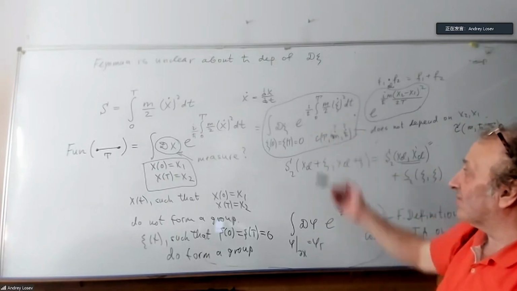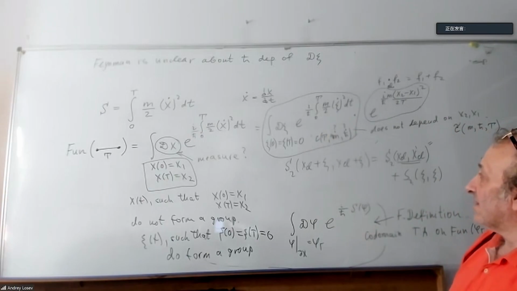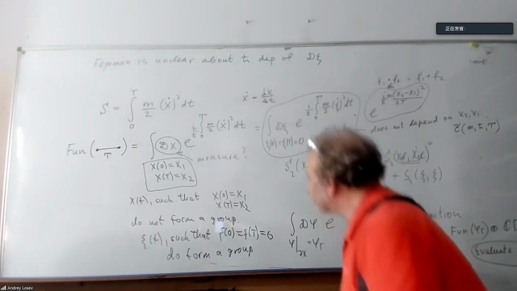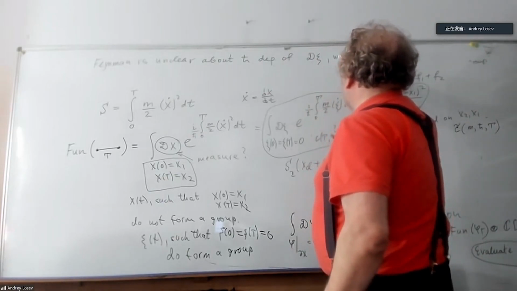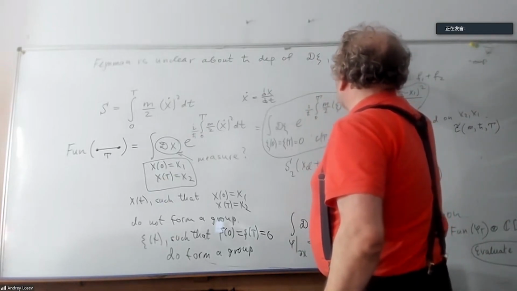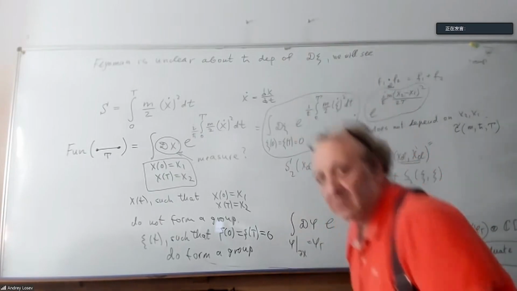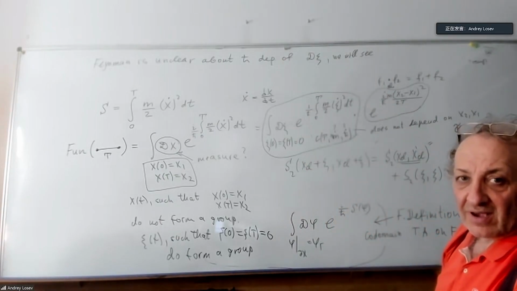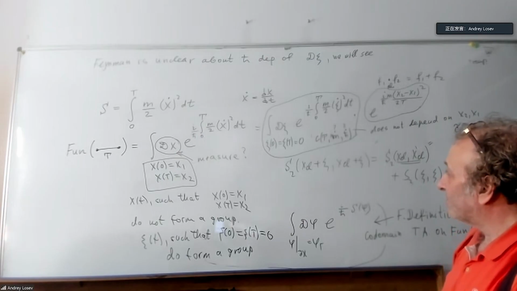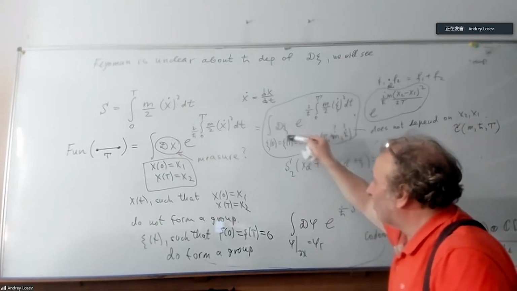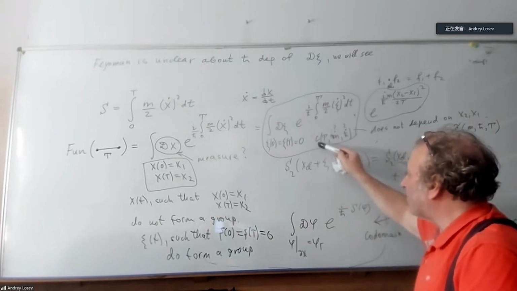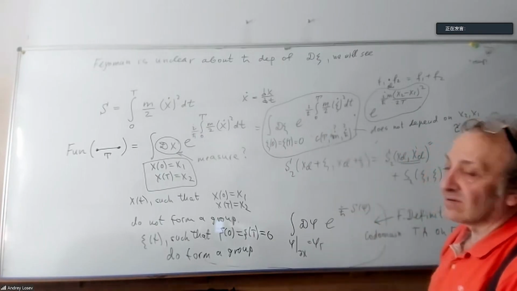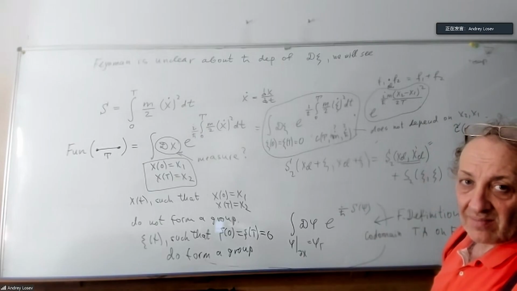You just write it down. But I say we will see. Maybe there is H bar dependence. But of course, we can have something that depends on T. Right?